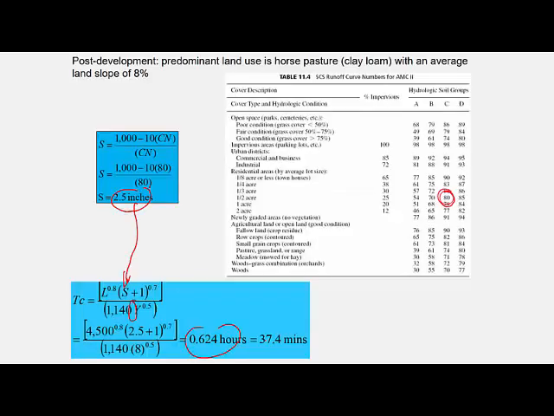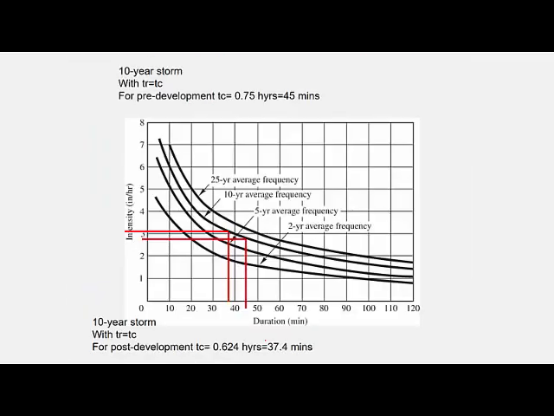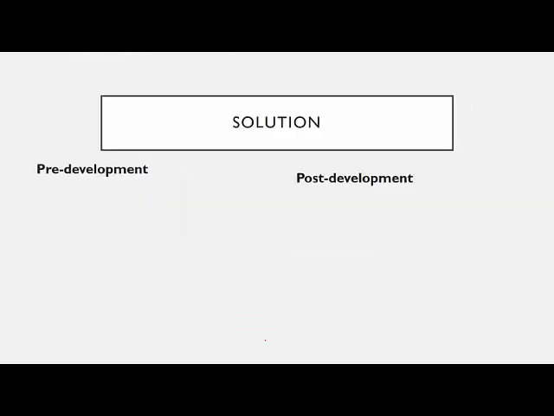So in the problem it tells me that I'm using this curve, and it's a 10-year storm. So I put the time of concentration equal to the duration of the storm and obtain the intensity in inches per hour. So this is what I obtained.